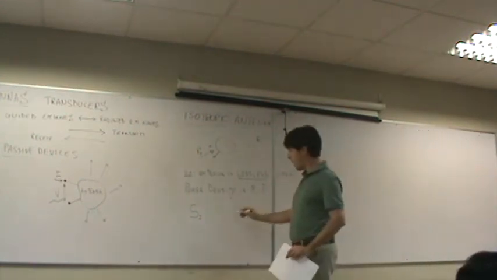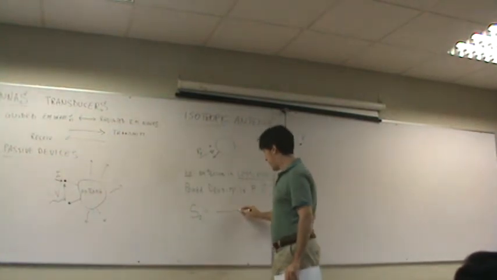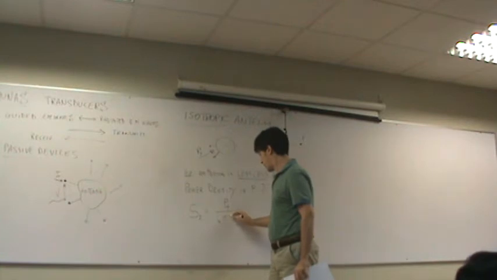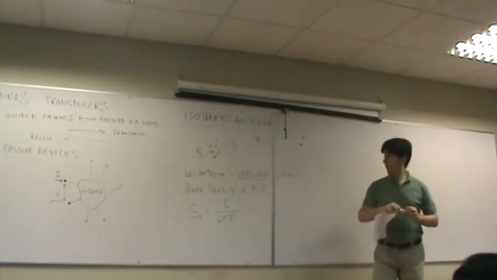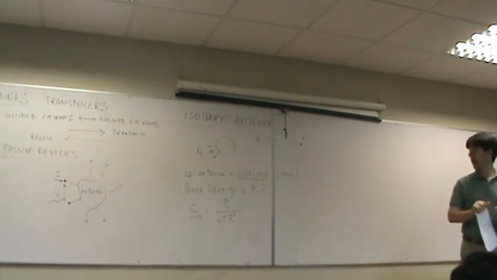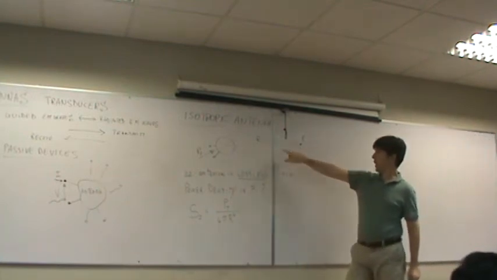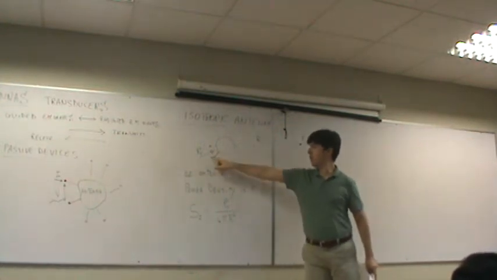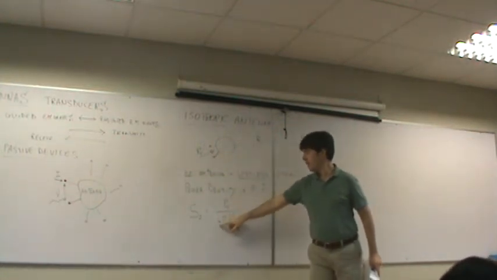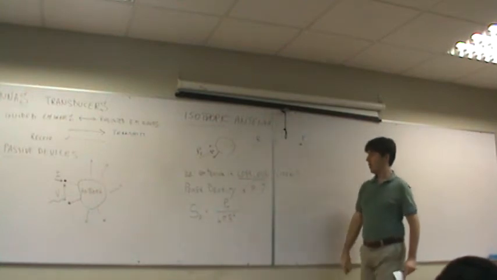Okay, we can demonstrate, and it's very easy to verify, that the power density here at distance r from the antenna is simply the power that you put into the antenna divided by this quantity.